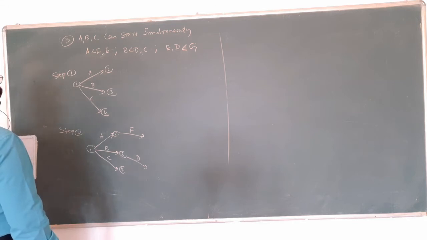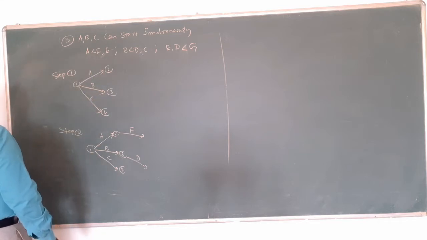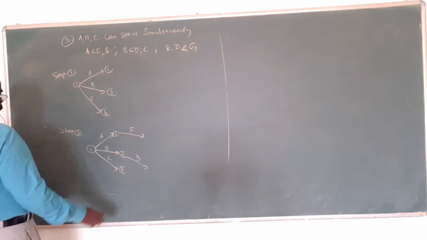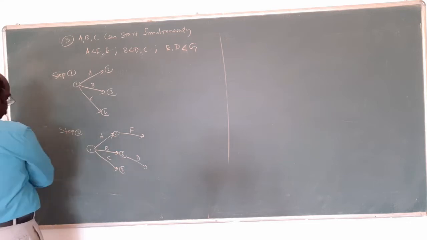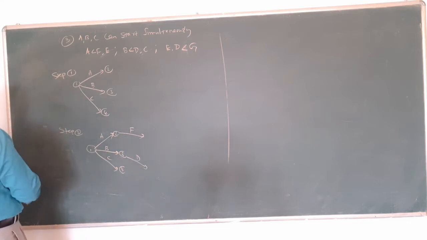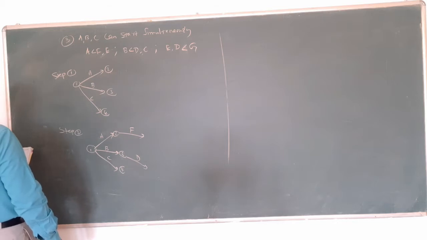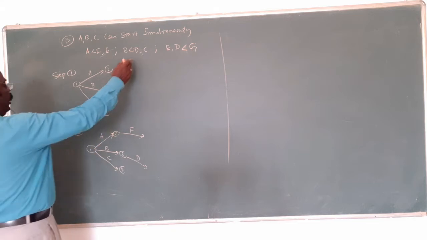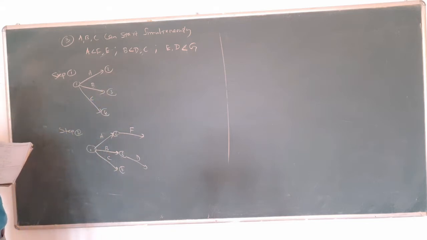Then before A is what? Part of A is exactly 1, 2, 3, 4. Before D is B. Right? One more concept.